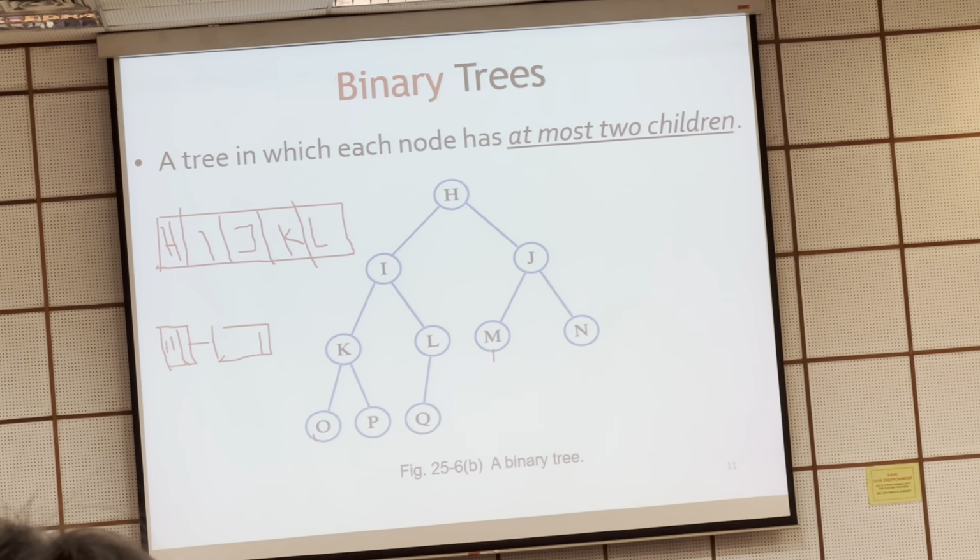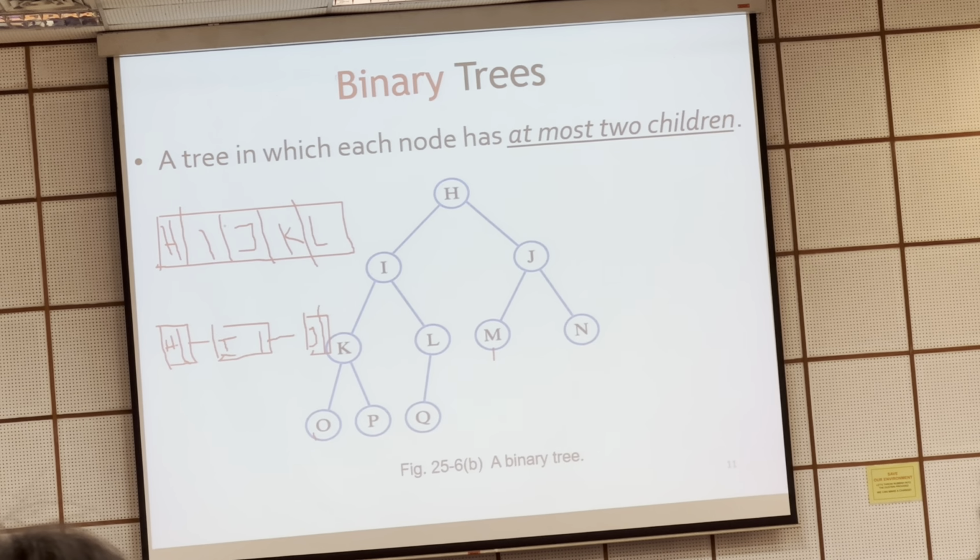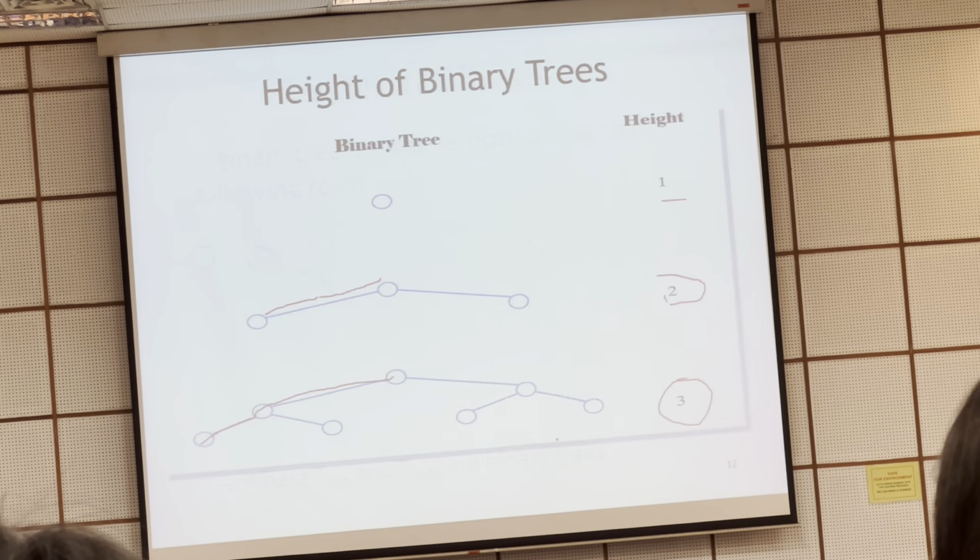This is H, this is I. This example only I'm giving. So this is how we store in array, this is how we store in linked list. How we store in binary tree is like this. Binary tree will be stored this way.